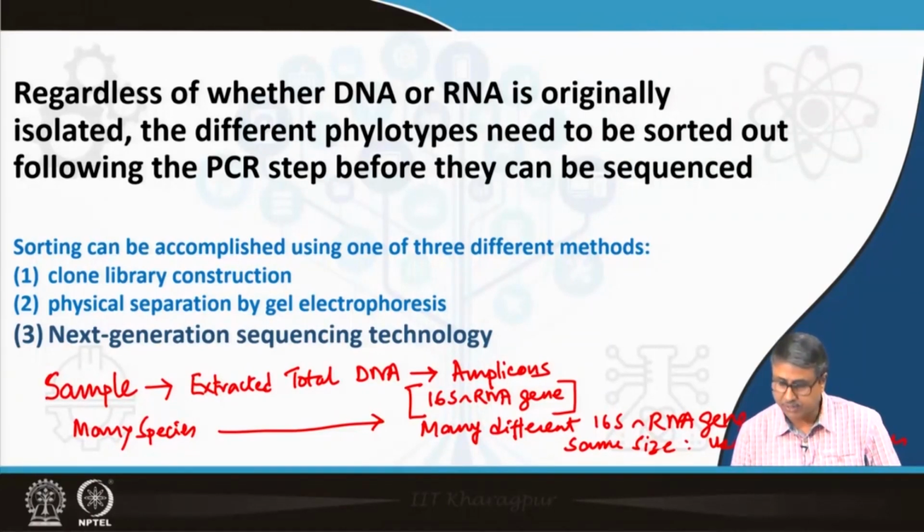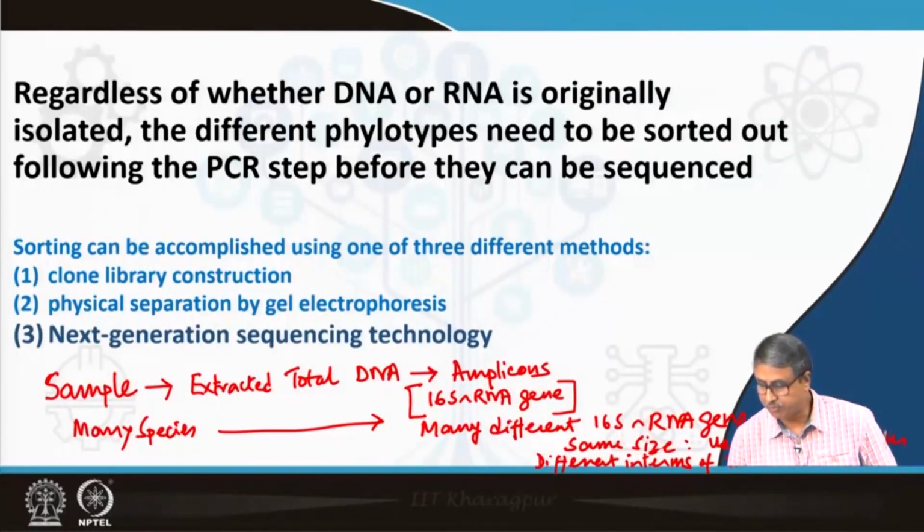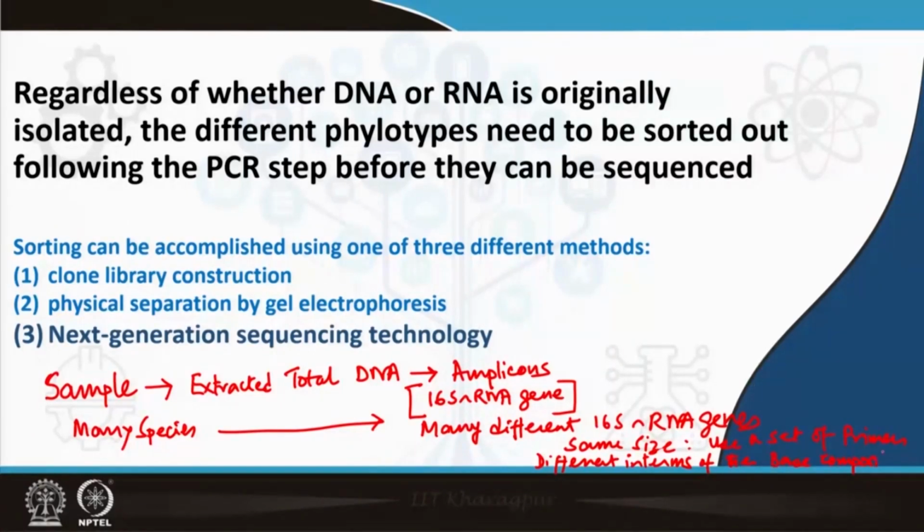So, we have the same size, but they are different in terms of their base composition, that is, their nucleotide base compositions are going to be different. So, basically they are different 16S rRNA genes. So, many different species.